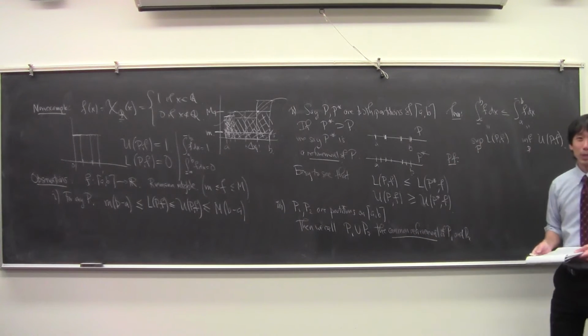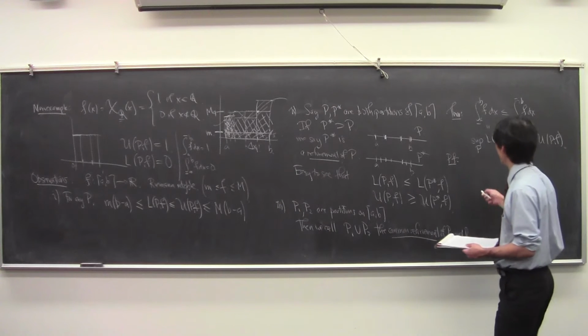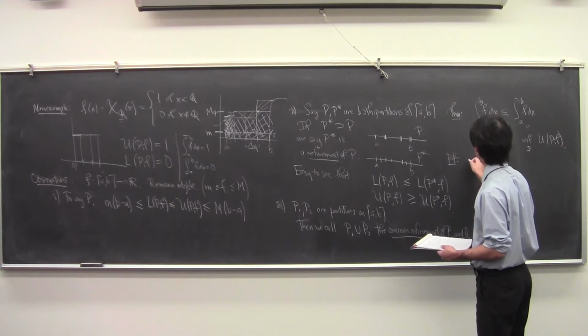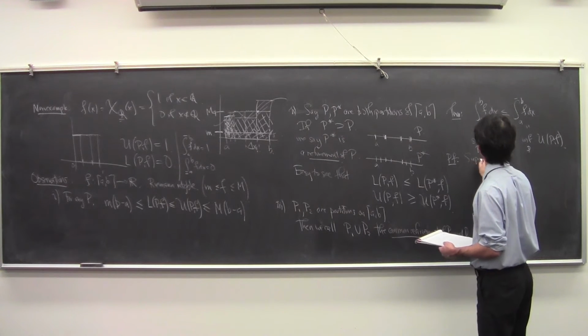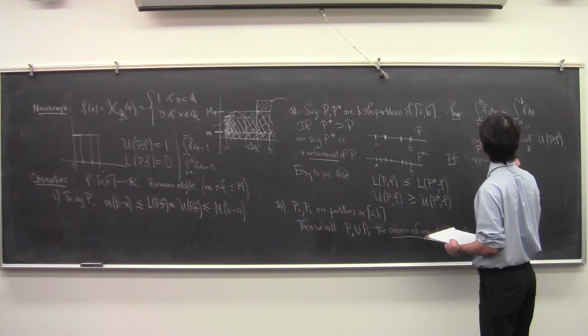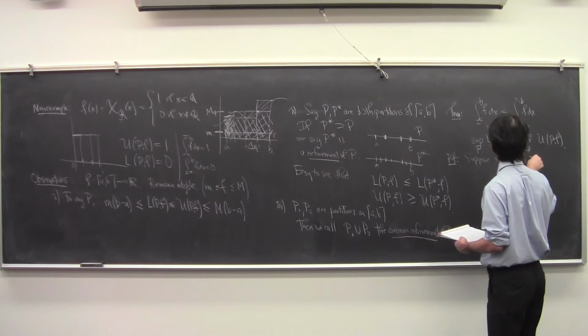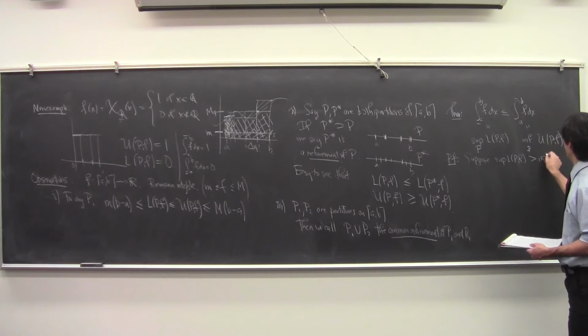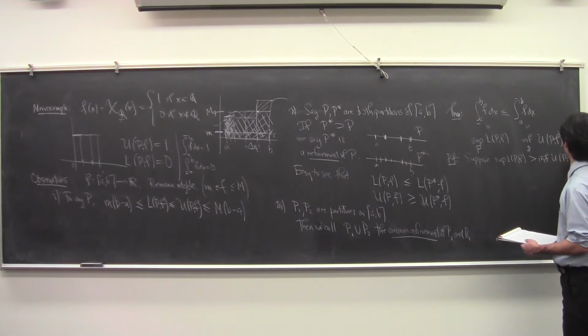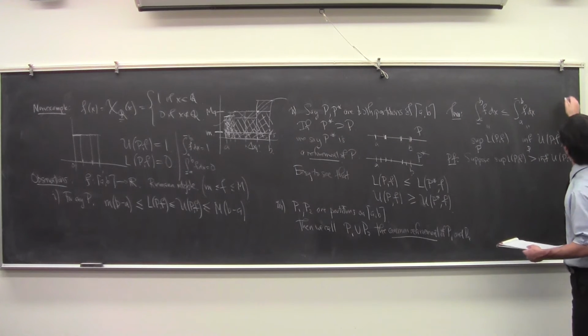And here's one simple way to prove it. You say, well, suppose that the supremum of the lower sums is actually strictly bigger than the infimum of the upper sums, right? So one of them is strictly bigger than the other.